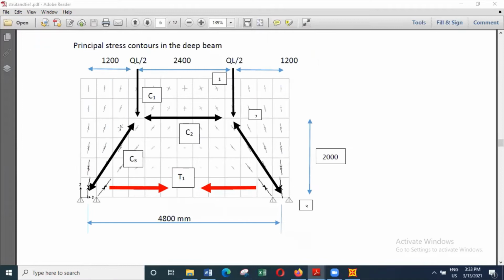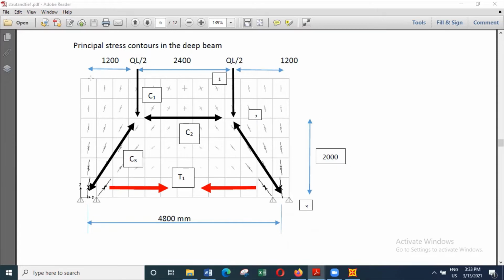Here you can see this is 4,800. So half of that is 2,400. On this side you get 1,200, and on this side also you get 1,200. This 4,800 is from center to center of the supports.